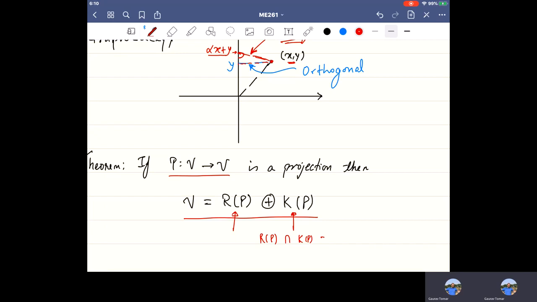There is no overlap except for the zero vector. No vector in common between range of P and kernel space of P, and that's very clear. That's what's going to happen.